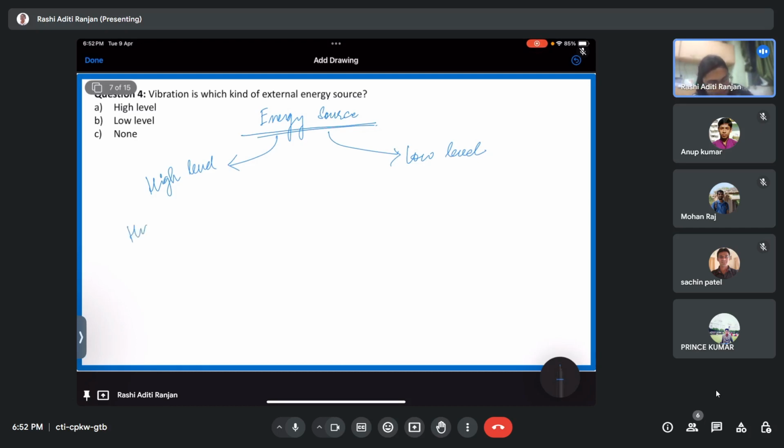It has high capacity or high intensity of energy produced. So definitely if it has high intensity and high capacity, it will be used for large scale.